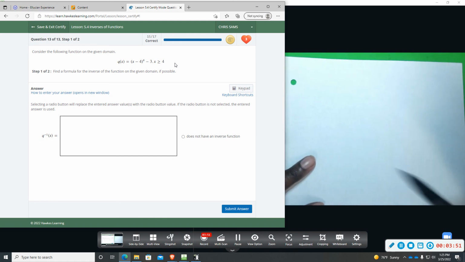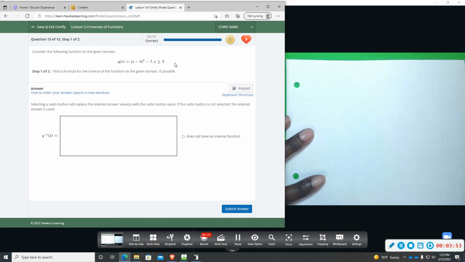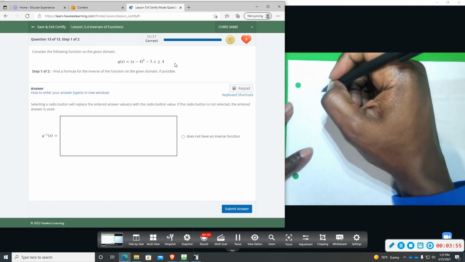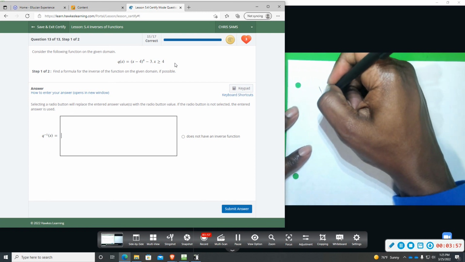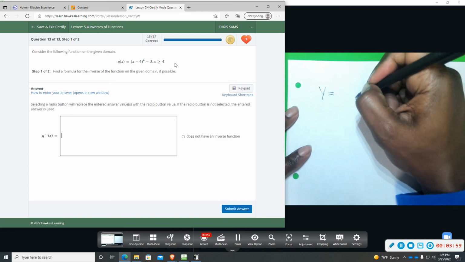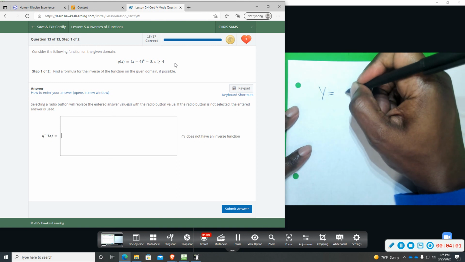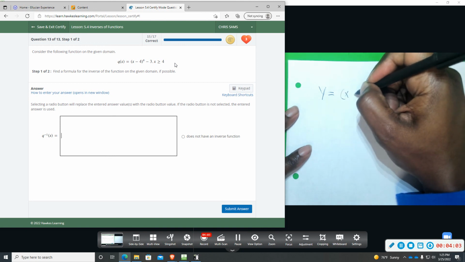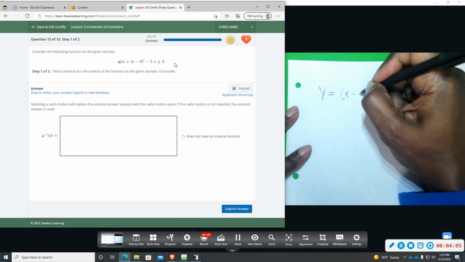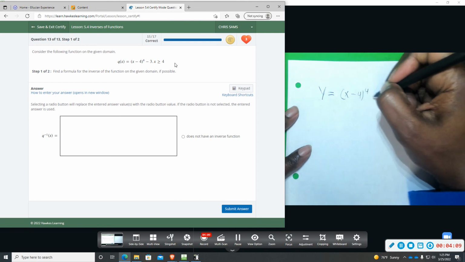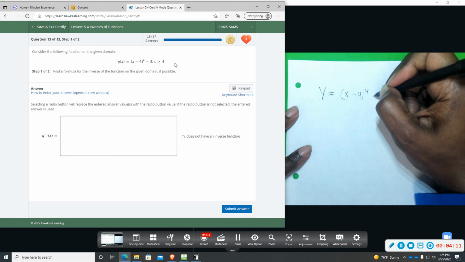So we'll still do the same process. I'm going to write this as y equals x minus 4 to the 4th minus 3.